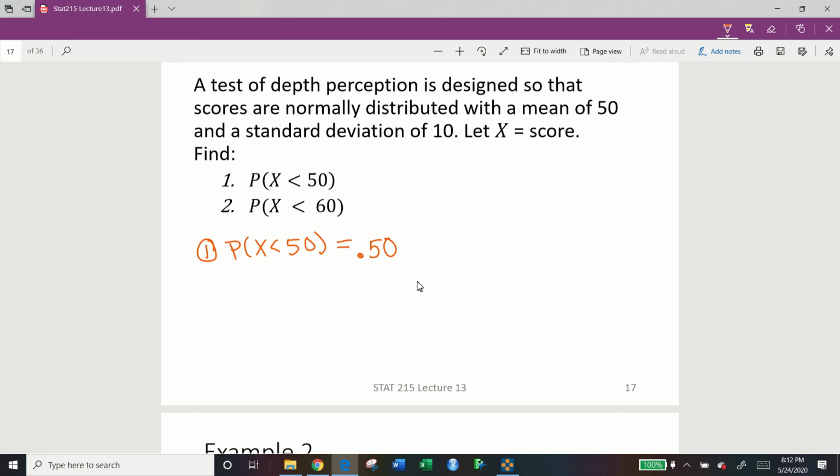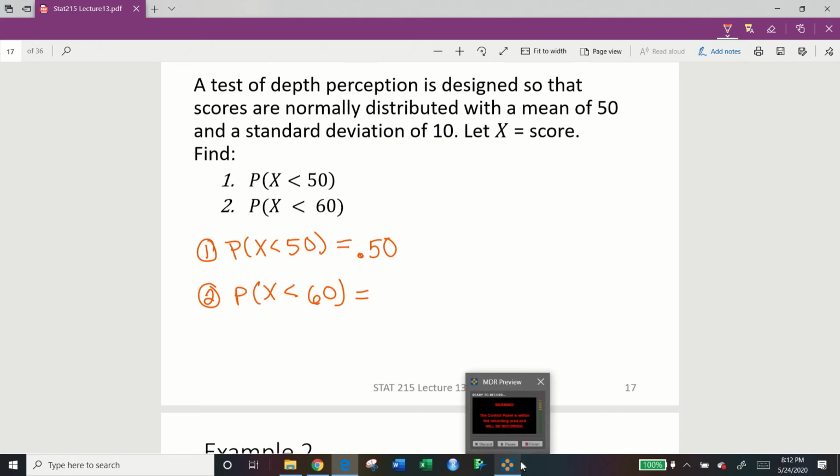Now let's do a little bit harder one by finding the probability of x less than 60. Okay, so for this one, and I apologize, I had to pause the video for a second to get a drink of water.